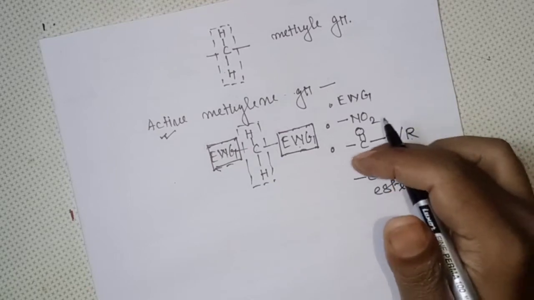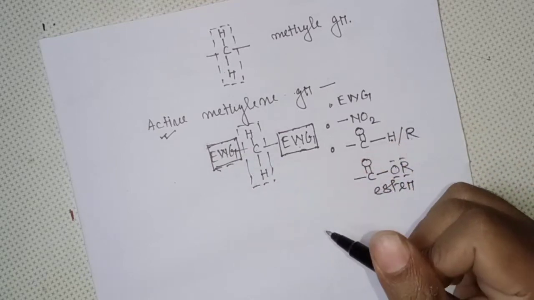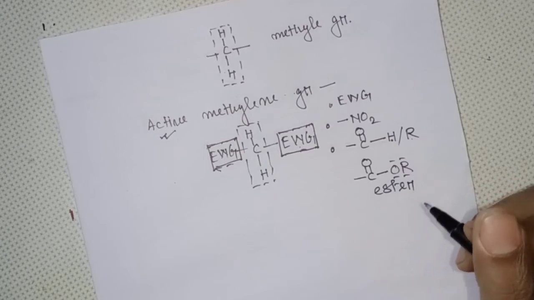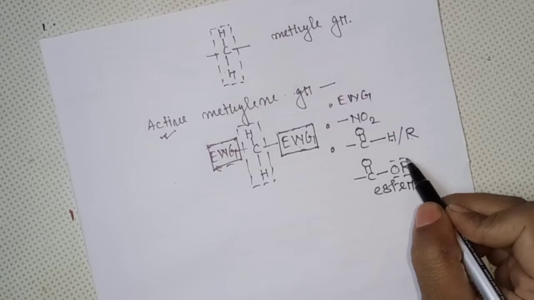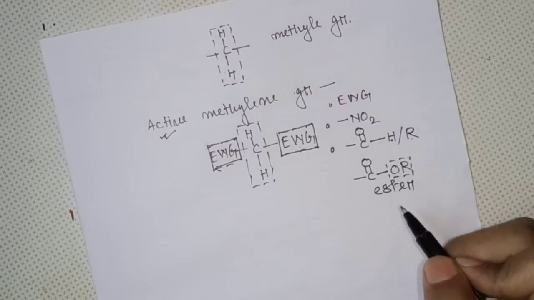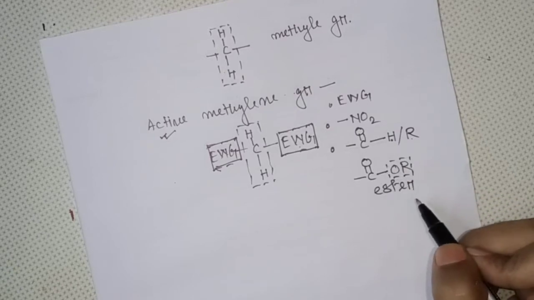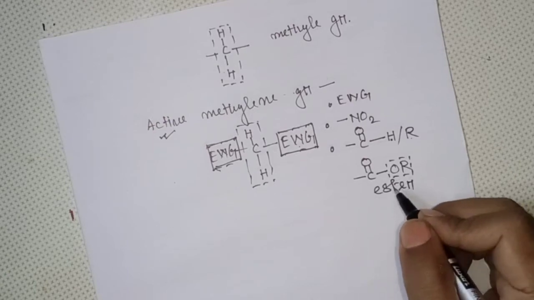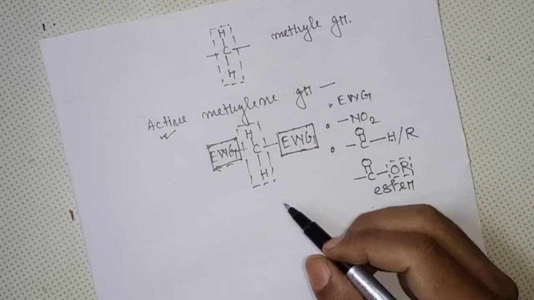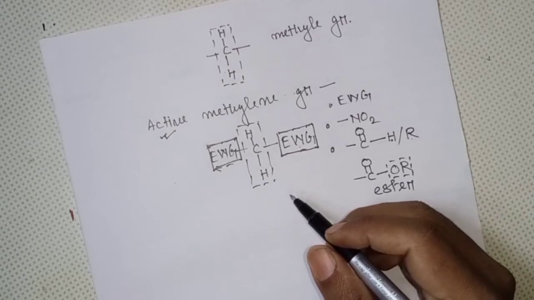So the presence of aldehyde and ketone about the carbon gives an active methylene group. Similarly, the presence of OR groups, which is called an ester, due to the presence of an OR group about the carbon, it is called an ester. So the presence of an ester group can also make the methylene group highly active.